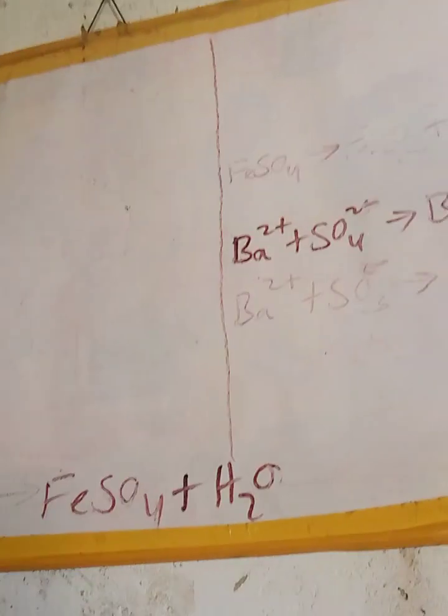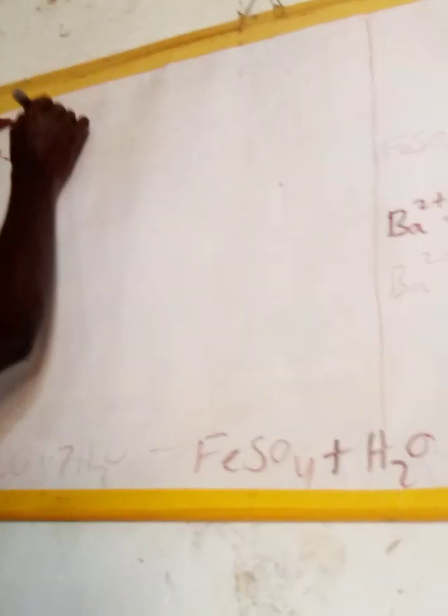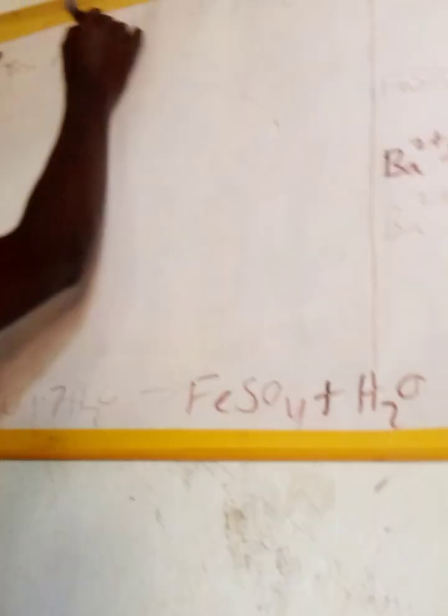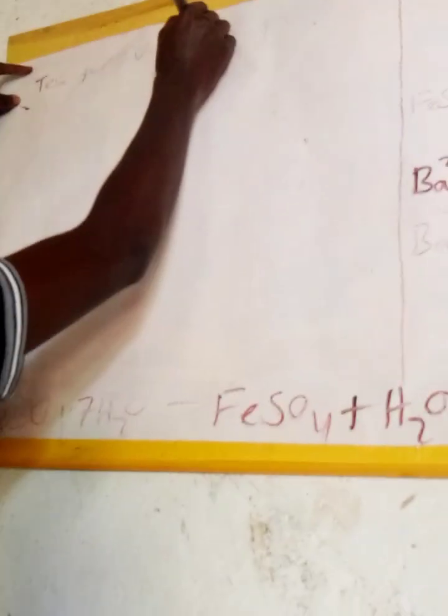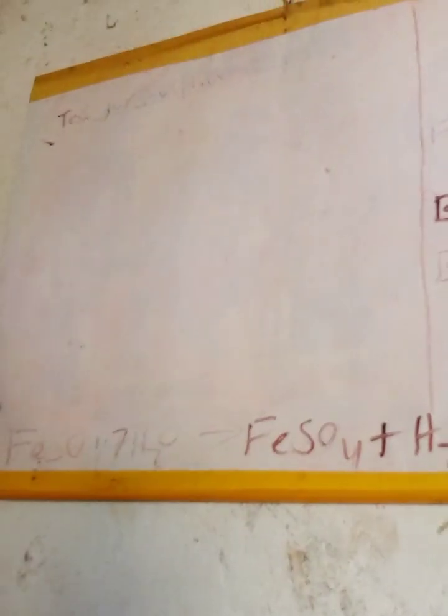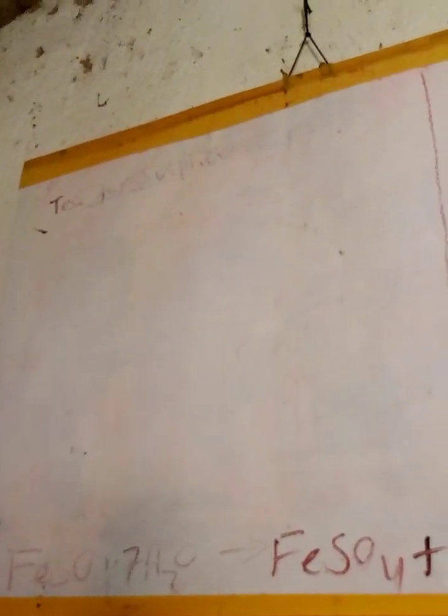Test for sulfate. A white precipitate is formed when dilute HCl and barium chloride solution are added to a test solution if the solution is a sulfate. This is a practical part, but let me just take you through.